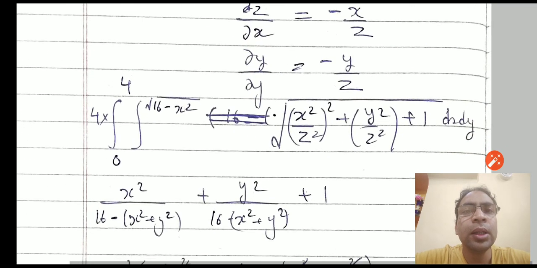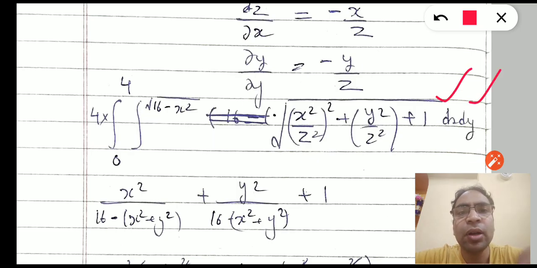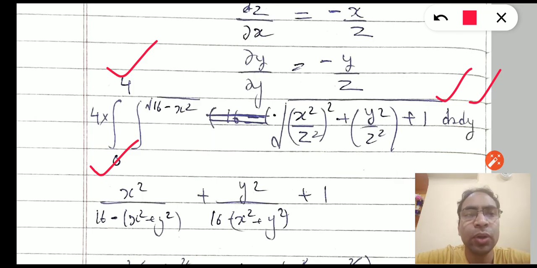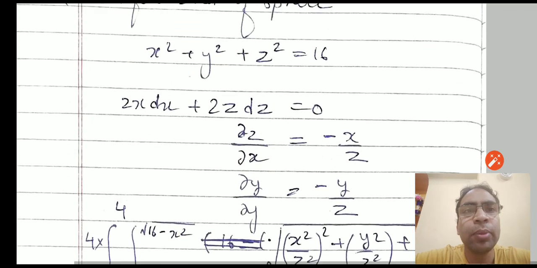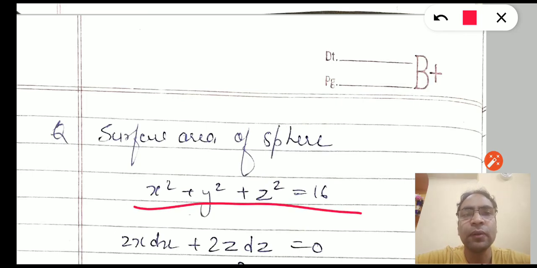Let us see. The limits will be, as we can see, we have two variables dx and dy. Obviously for x the limit will vary from 0 to 4, because we have seen that the radius of the sphere is 4. So it will vary from 0 to 4 in one quadrant. And for y it will be from 0 to under root 16 minus x square, which can be obtained by putting z is equal to 0 into the original equation of the sphere.